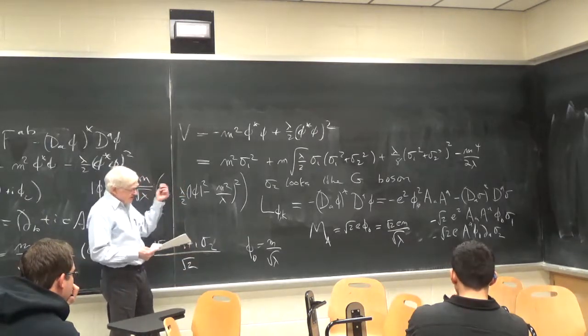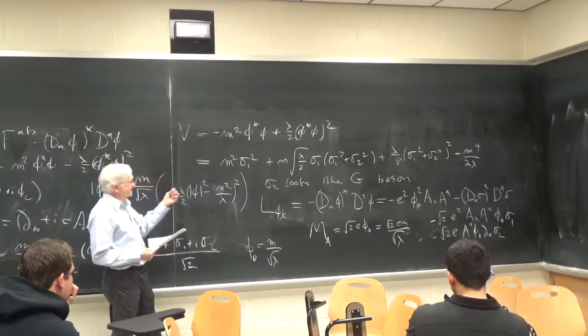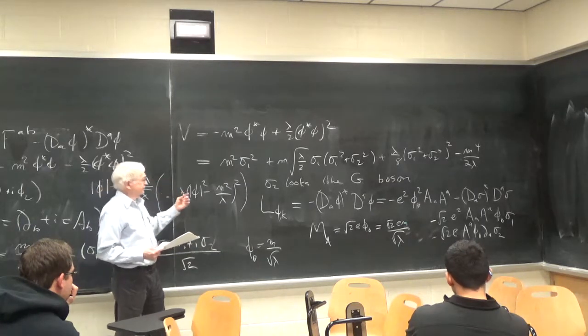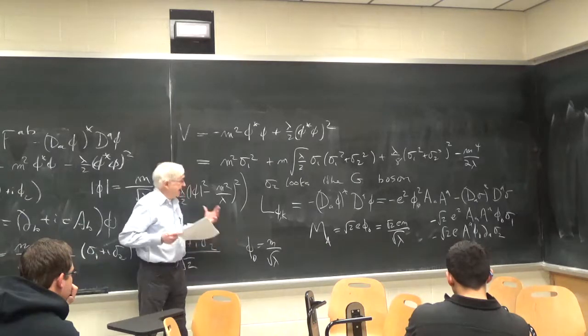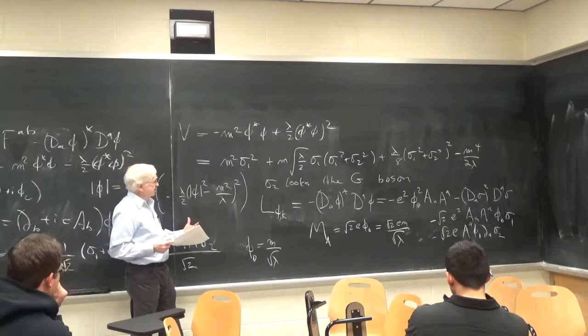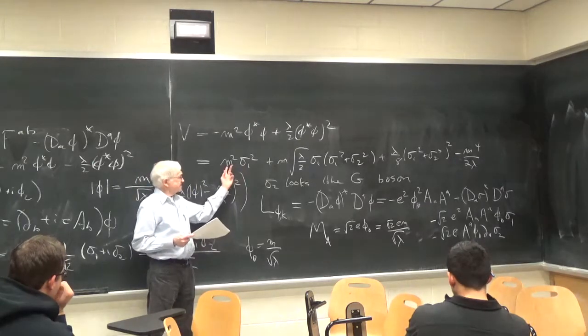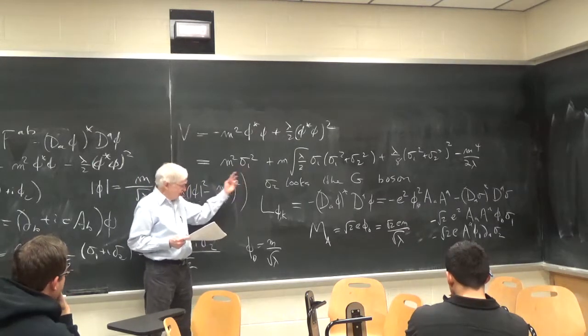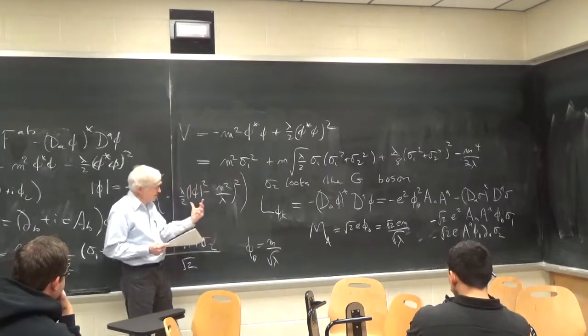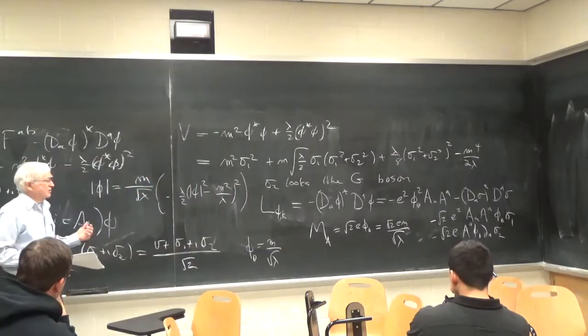The fluctuations of the real part about phi 0 increase the potential, and so that corresponds to a mass squared term for the fluctuations of the real part of the scalar boson.